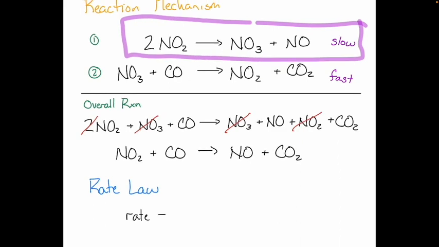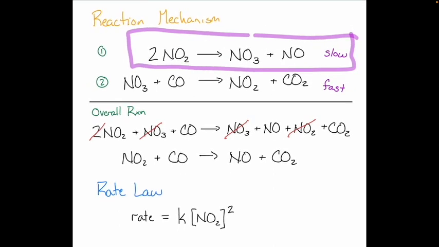So rate is equal to K times the concentration of our reactants. Since we got two of them, we're going to take that NO2 and square it in our rate law. We're not building an equilibrium expression, but not unlike when we do, our coefficients become exponents, right?